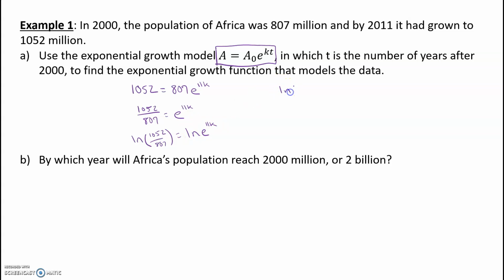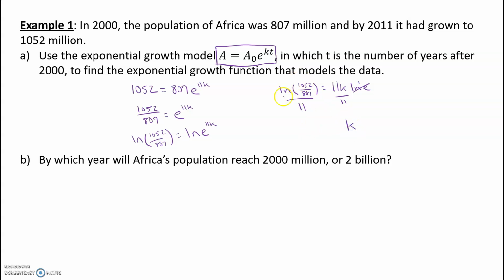So we have 11k times the natural log of e. Now, remember, natural log of e, to what power is e? That's 1. So we have 11k, we want to get k alone, divide both sides by 11.